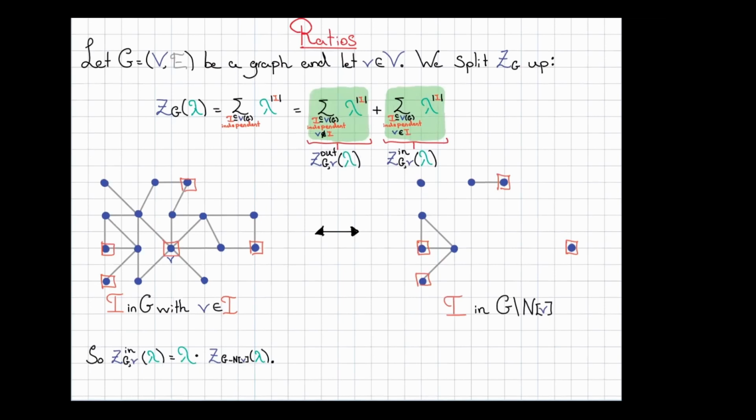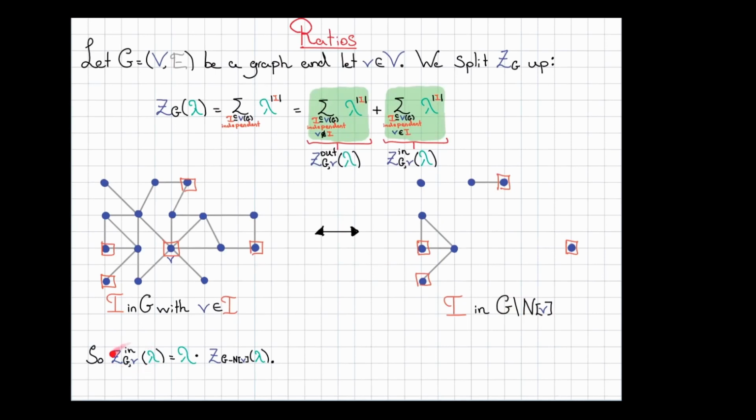And similarly, if I look at independent sets where my vertex is in the independent set, well, what does it mean that my vertex is in the independent set? That means that all of its neighbors can't be in the independent set by definition of independent set. So what I can do is just remove V and all of its neighbors from the graph. And then we again have a one-to-one correspondence between independent sets in this graph where I've removed the whole closed neighborhood of V and the independent sets in the graph where I conditioned on the fact that I want V in my independent set.